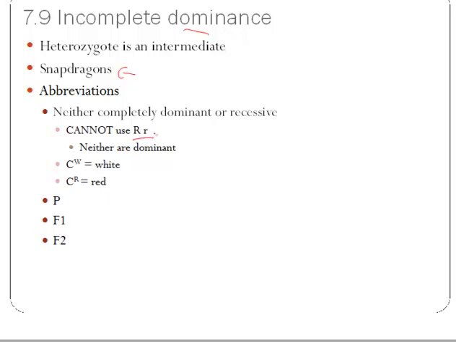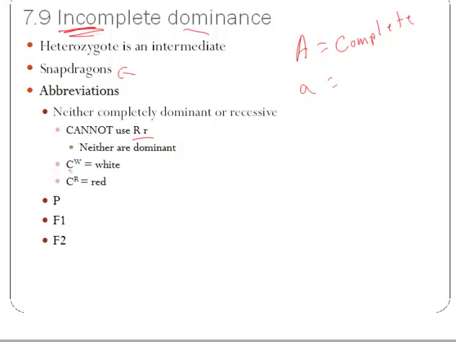Because remember, when we first introduced the capital and lowercase letters, by definition, the capital letter means that it's completely dominant. And the lowercase letter means, by definition, it's completely recessive. So you can't just use capital and lowercase letters because that doesn't show the incomplete dominance.